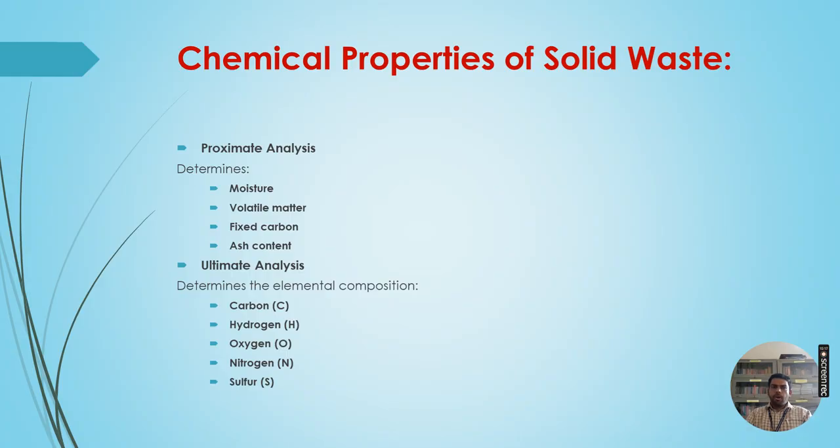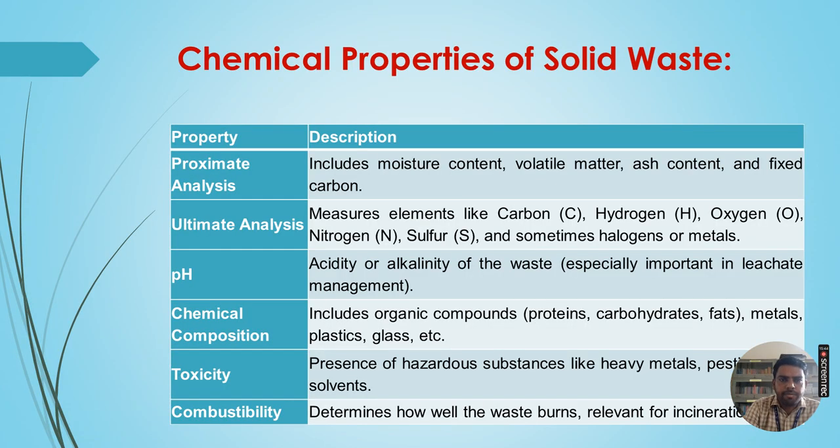What is the difference between proximate and ultimate analysis? Proximate analysis is the study of lightweight materials. Ultimate analysis involves elements like oxygen, nitrogen, and sulfur. These types of chemicals are very dangerous to those who are handling that particular matter.